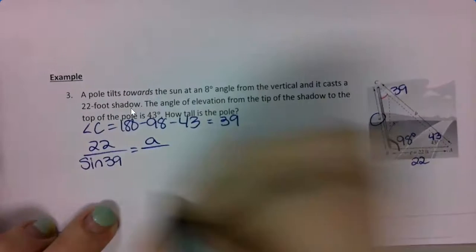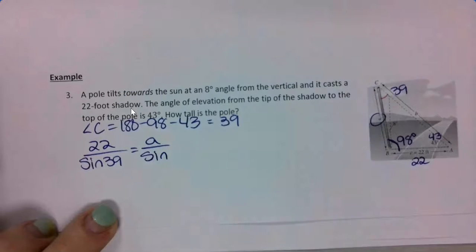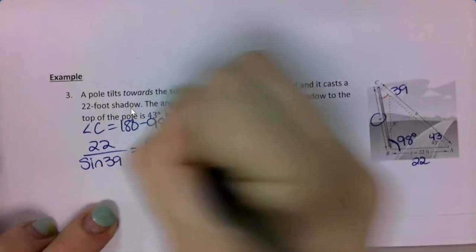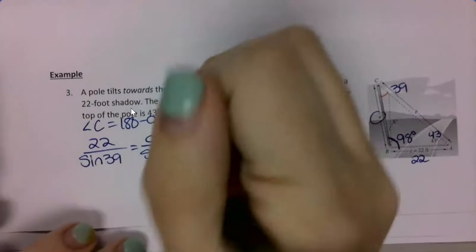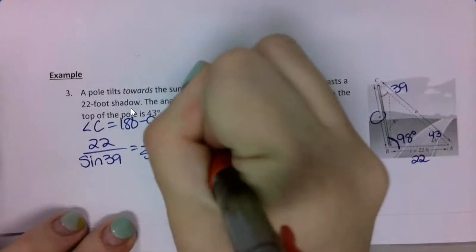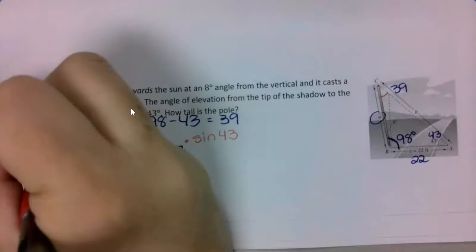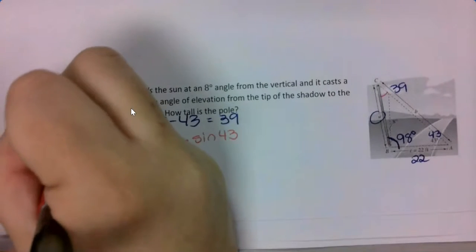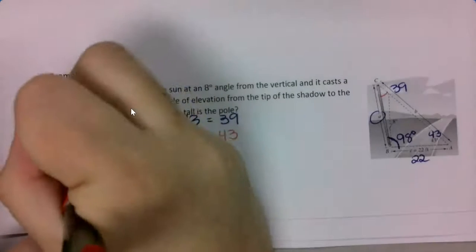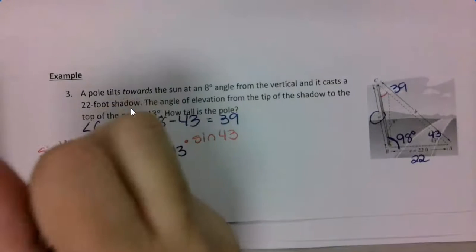What was my angle for A? 43. So then I want to go ahead and multiply both sides by sine of 43. So I'm just going to rewrite this.